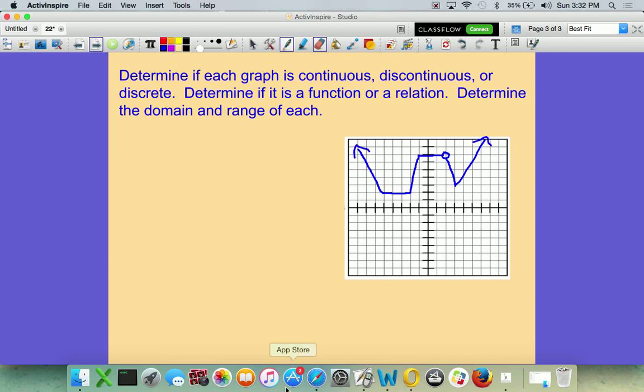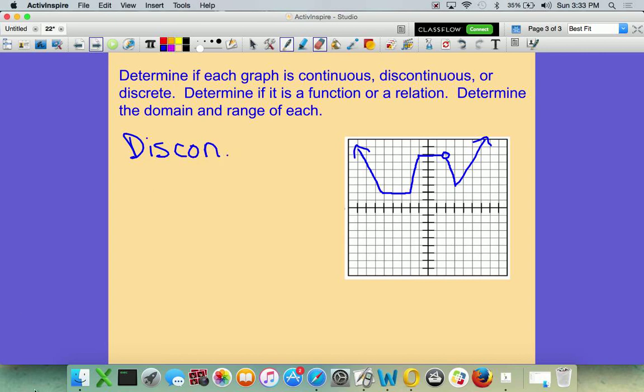First of all, we have to check and see, is it a function? As we go across, yep, that passes the vertical line test, so it's a function. Is it continuous? No, because we've got this open circle here. Is it discontinuous? Yes, it's discontinuous.